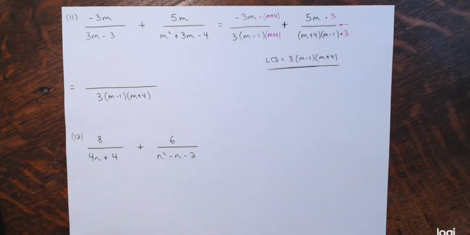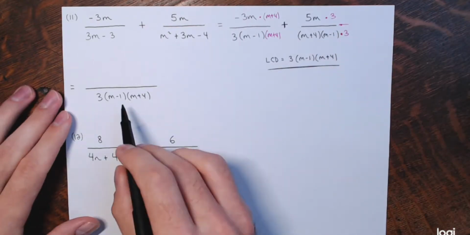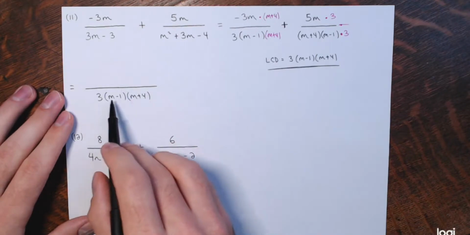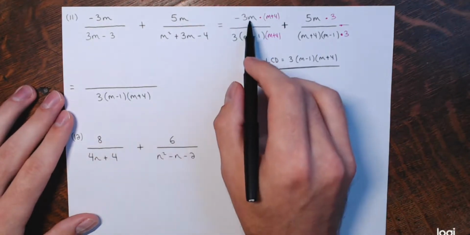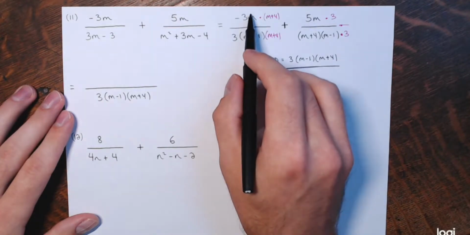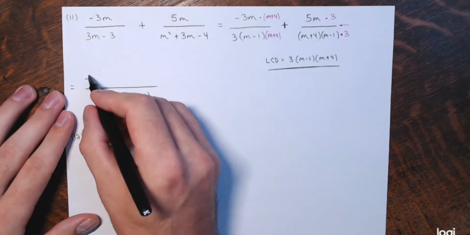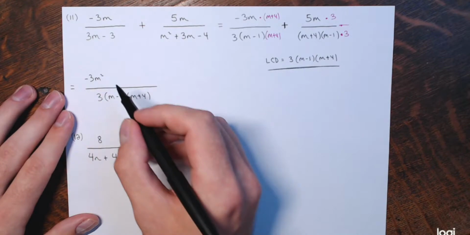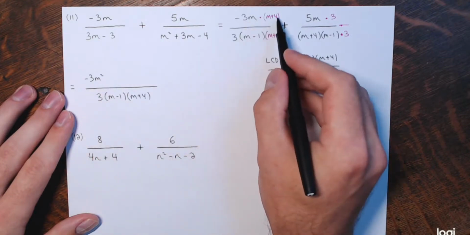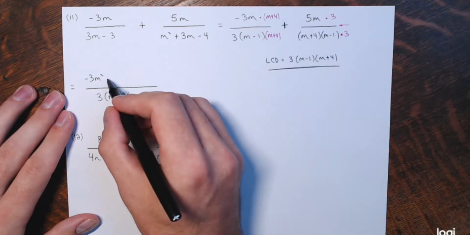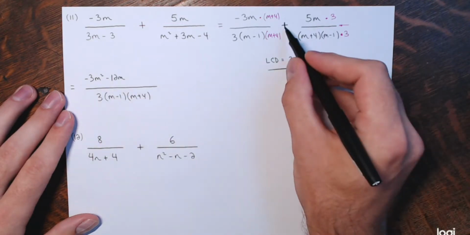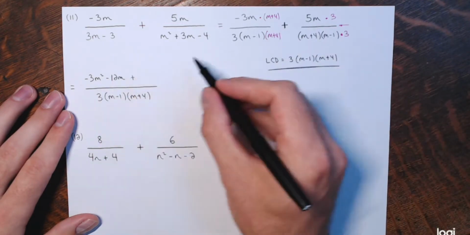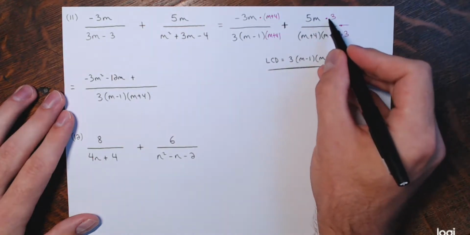Alright, so with the LCD in both denominators, I put them together with the LCD as the denominator of the sum. Then this first numerator, when I multiply, would be negative 3m squared minus 12m, and then plus the other numerator, 15m.